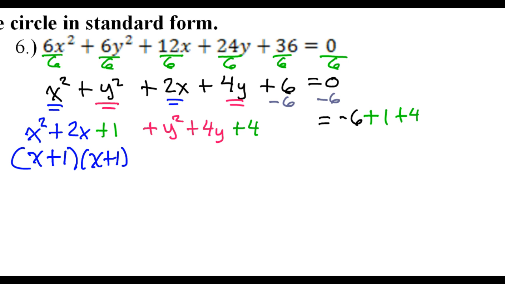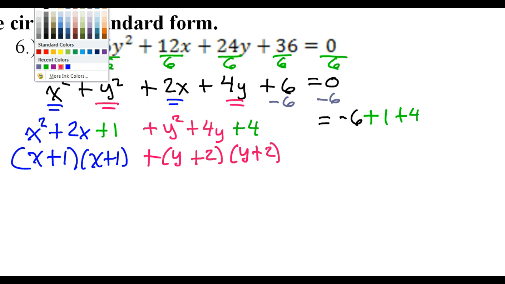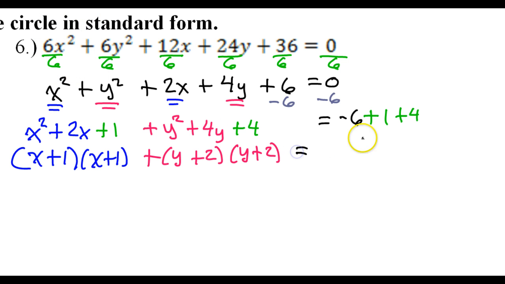That's what that factors down as. This will factor down as y plus 2 times y plus 2. Let's see, negative 6 plus 1 is negative 5, plus 4 is negative 1.